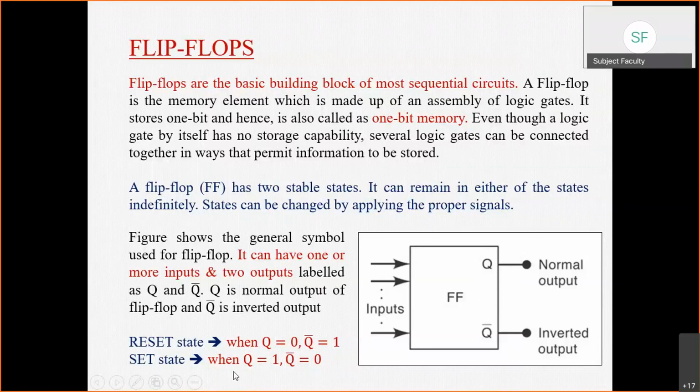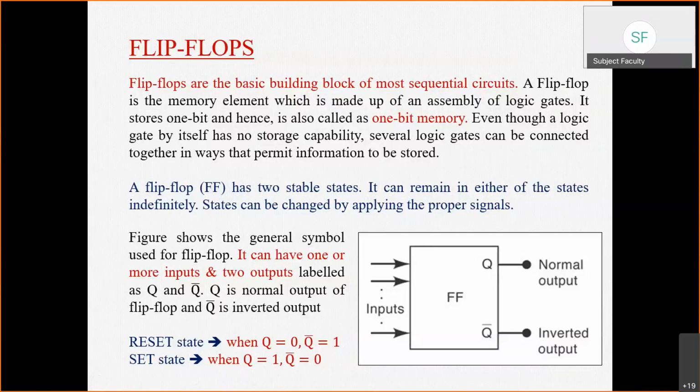Similarly, when the value of Q is 1, then obviously Q bar will be 0, and this state is called the set state. So remember these two states: when Q equals 0, the flip-flop is in reset state, and when Q equals 1, the flip-flop is in set state.